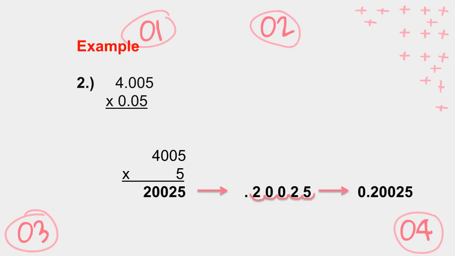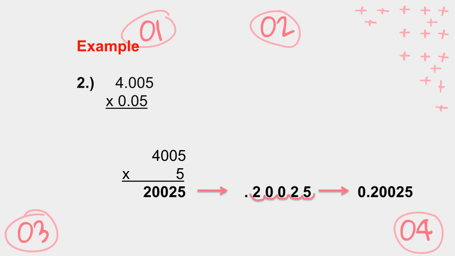Okay, next example. We have 4.005 times 0.05. Let's remove the decimal point in the given. We have 4,005 times 5, or dahil 0 naman itong dulo na nasa baba, pwede natin i-delete o tanggalin na lang po.